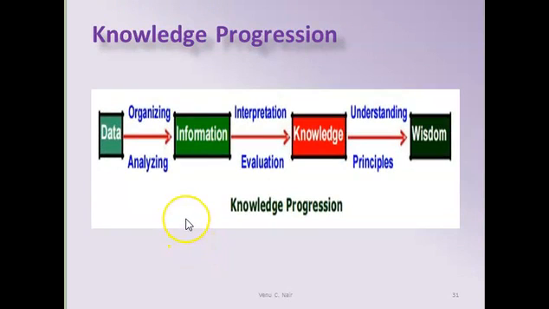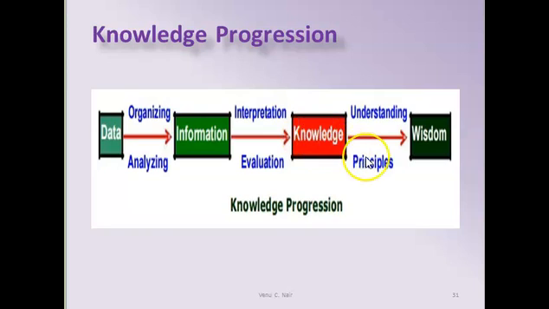So this progression can be picturized like this. Knowledge progression begins with data and we are analyzing or organizing this data or assigning some meaning to the data for forming the information. We have to interpret or evaluate this information for getting the knowledge.